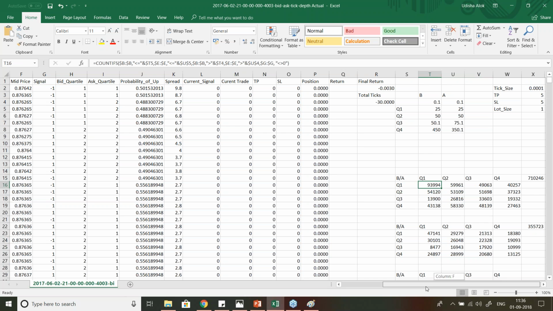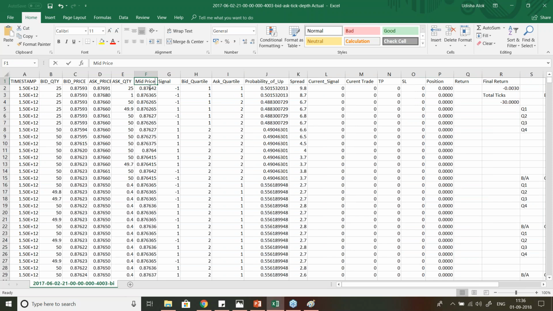To make that calculation, what we do is we calculate the mid price. We track the mid price move and we see how the market has behaved. So mid price is nothing but the average of bid price and ask price. In this case, there are many different types of mid prices. We'll get to that later. But in this case, mid price is basically the average of bid price and ask price.